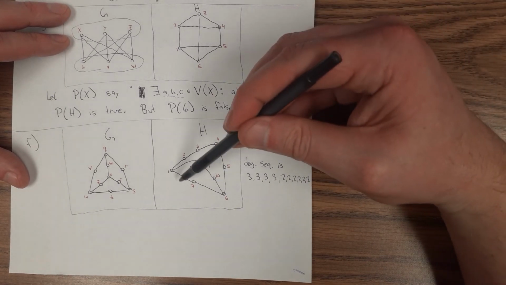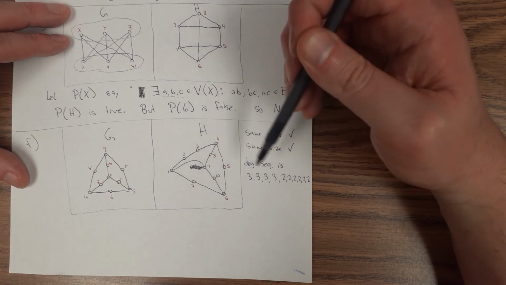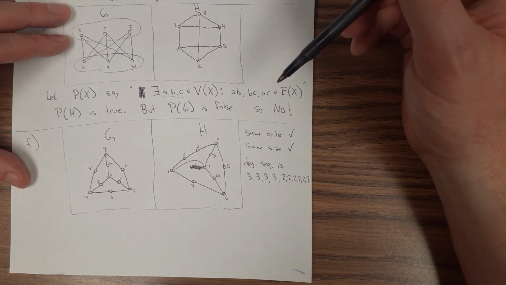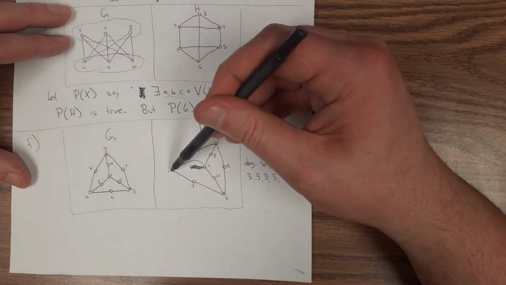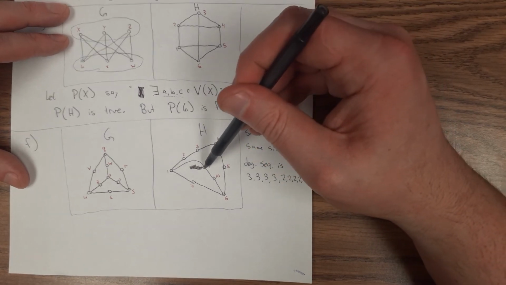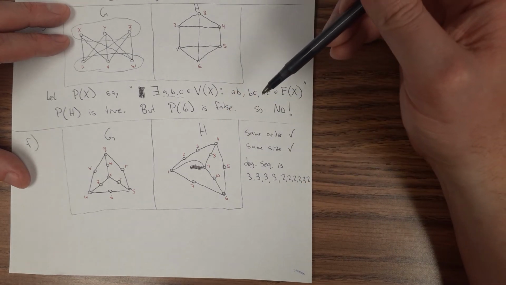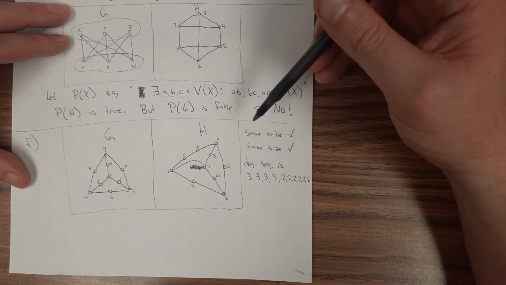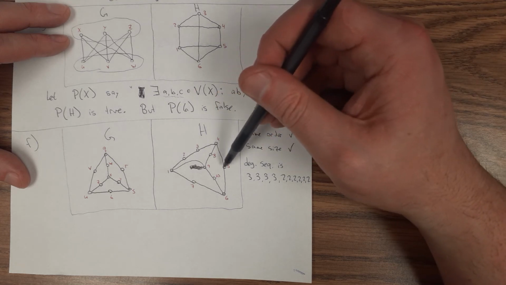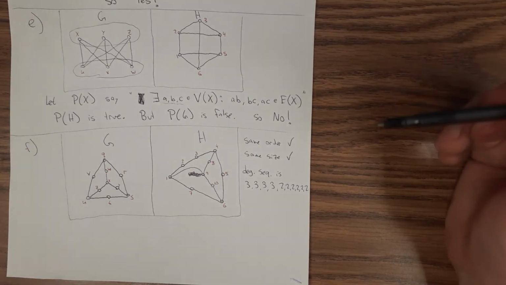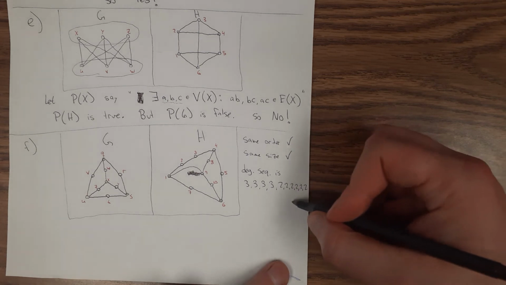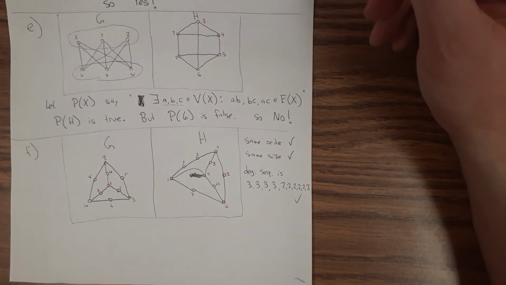And if you painstakingly go through here and find the degree sequence, you will find that it is the same. 3, 3, 3, 3. So there's 4 vertices of degree 3, and the rest have degree 2. So where does that put us? Unfortunately, that puts us in this murky area where we still don't know whether the answer is yes or the answer is no.